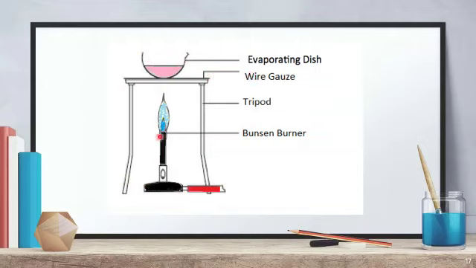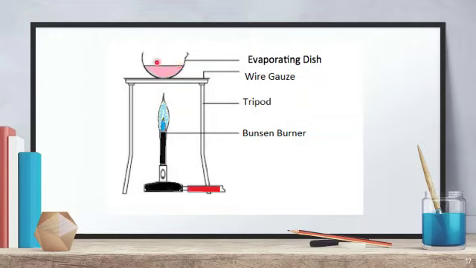The Bunsen burner provides heat, the tripod stand holds the evaporating dish, and this evaporating dish is a circular piece of glass or porcelain used to evaporate liquid. It is used to evaporate the excess solvent, most commonly water, to produce a very concentrated solution or a solid precipitate of the dissolved salt.